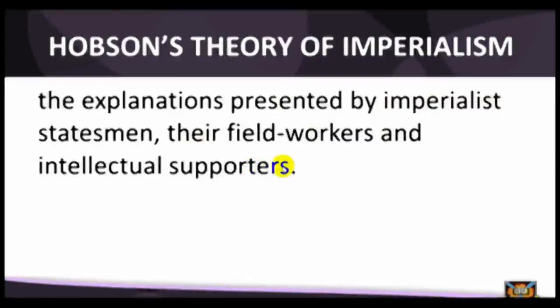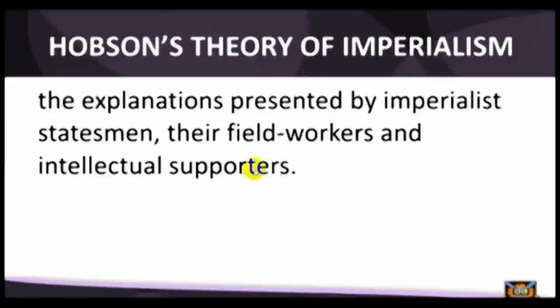John Atkinson Hobson was born in 1858 and bred in the middle stratum of a middle-sized industrial town of the Midlands. His theory was not only the first systematic, articulated, and scientifically researched study, it was also the first economic theory of imperialism.